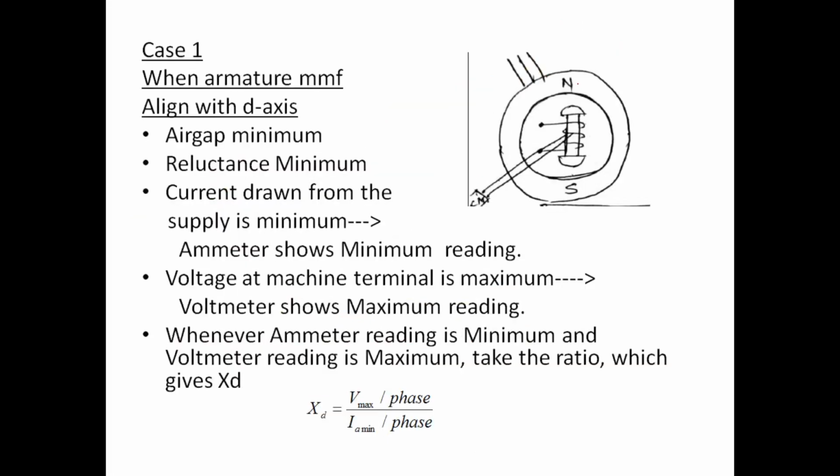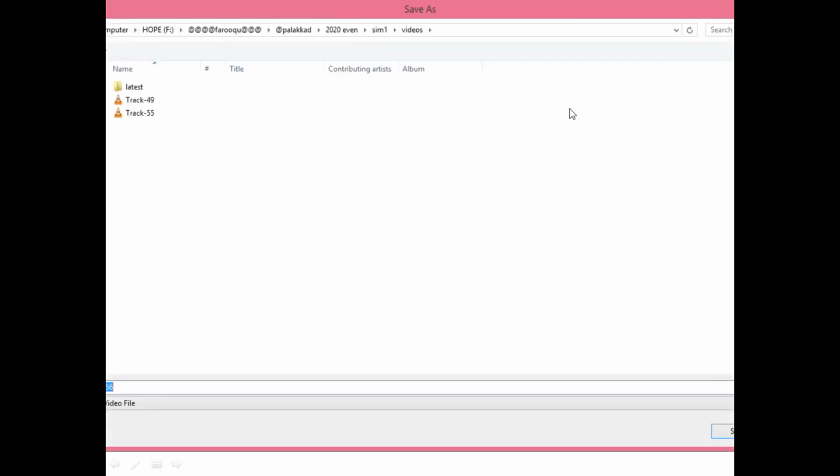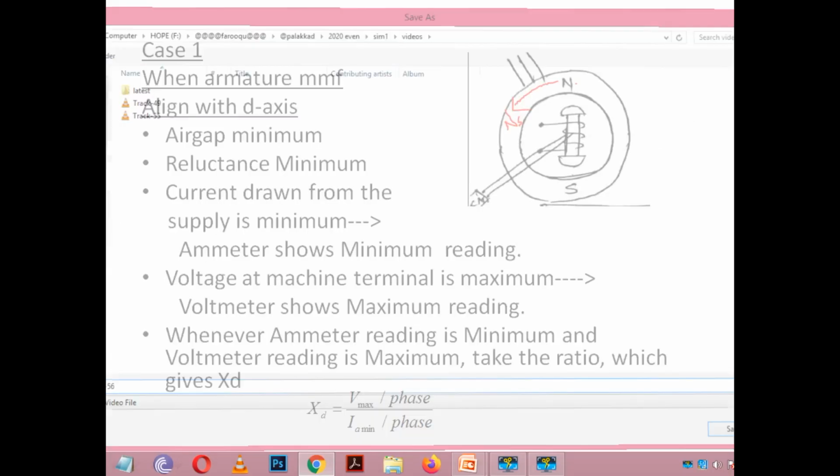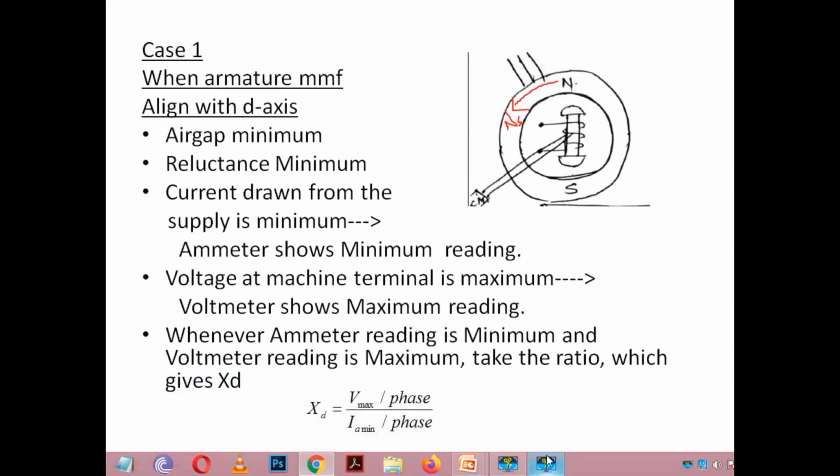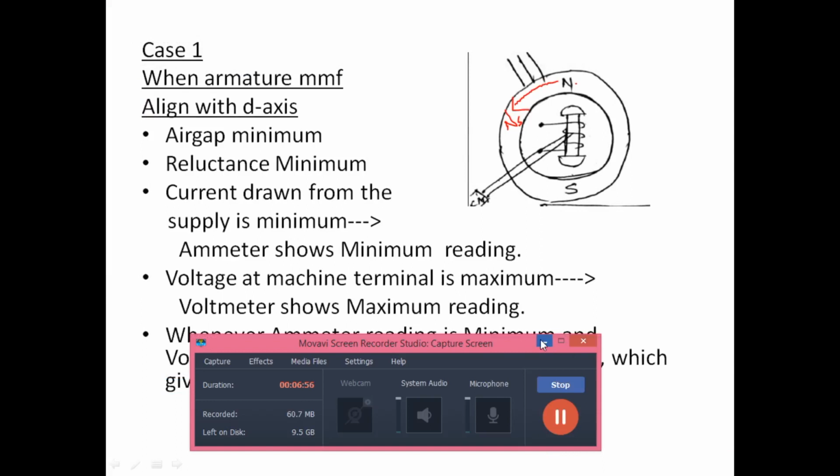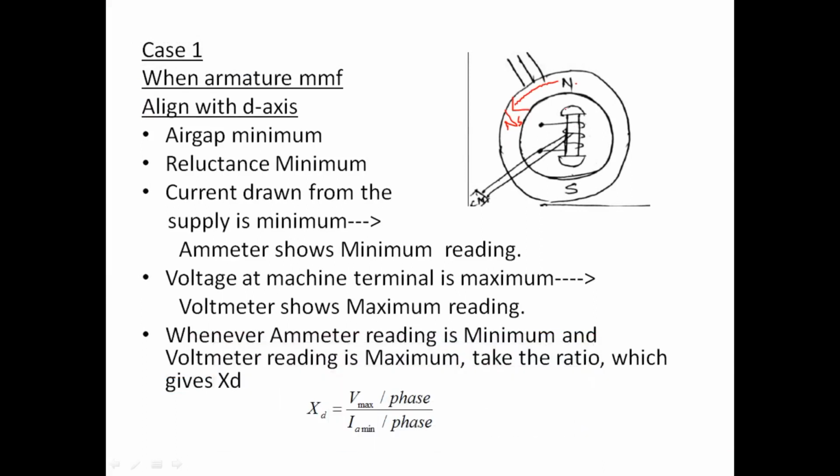Now you can see here there is an armature MMF rotating at a speed Ns corresponding to the stator, but the rotor is rotating at a speed Nr. So these two speeds are different. So there may be two cases.